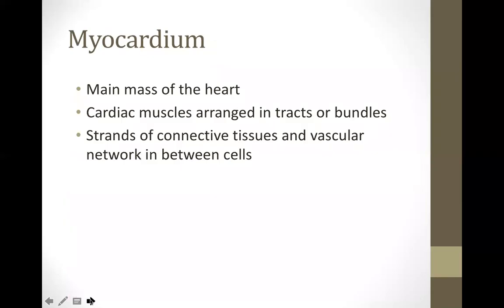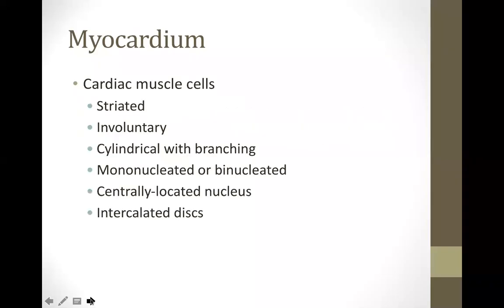The main mass of the heart, the thickest portion of the heart, is the myocardium, and the cardiac muscles are arranged in bundles or fascicles. They have strands of connective tissue and a vascular network in between the cells. Basically, this myocardium is comprised of cardiac muscle cells. As a review, cardiac muscle cells are striated, involuntary, and cylindrical with branching ends.